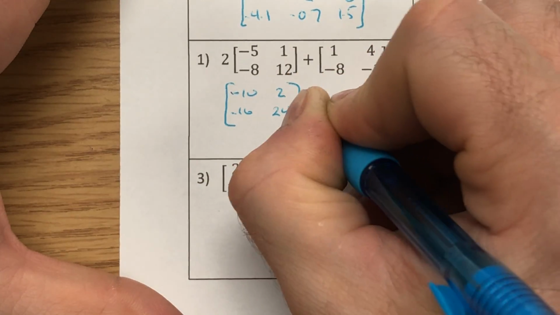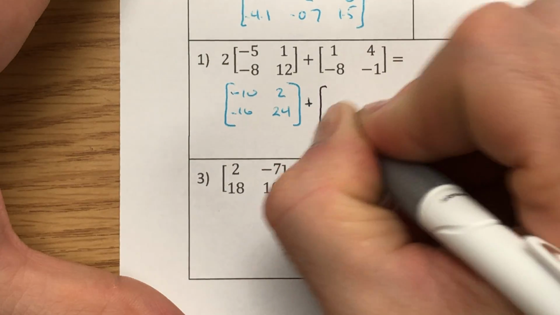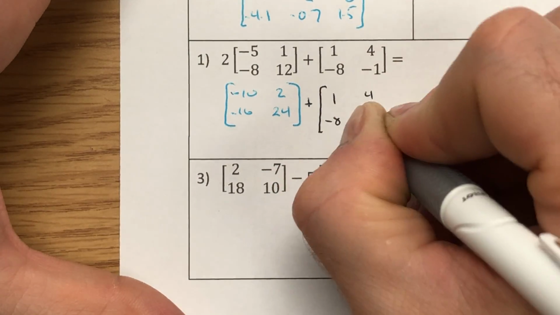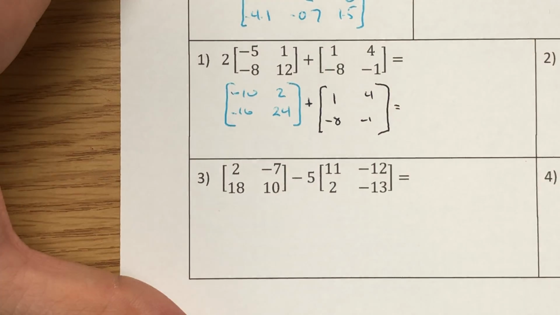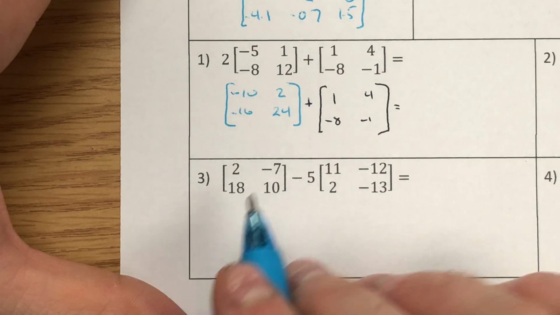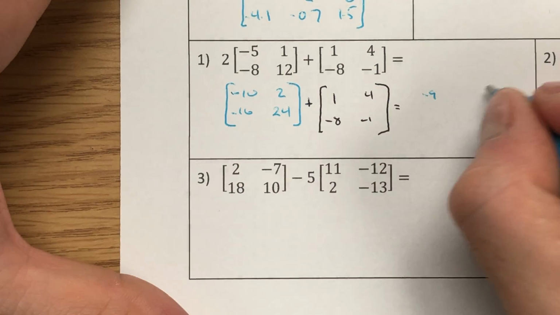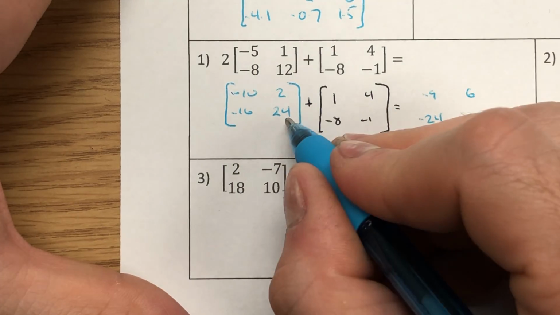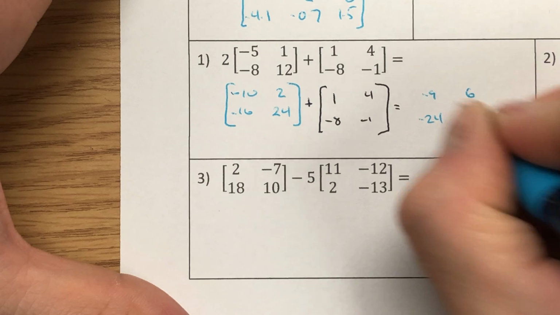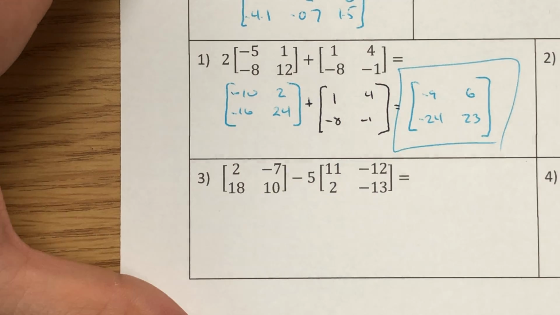And I'm going to add these numbers to my previous 1, -8, 4, -1. That's going to give me a final answer of, let's see, top left, -9, top right, 6, bottom left, bottom right. Boom. There we go.